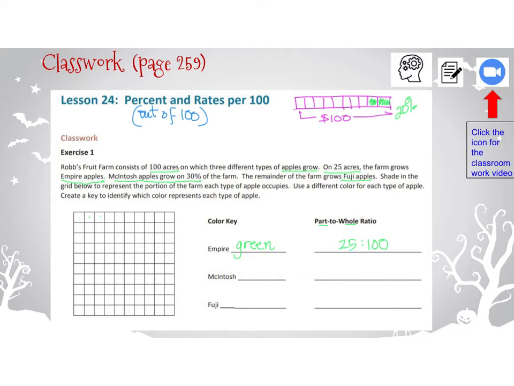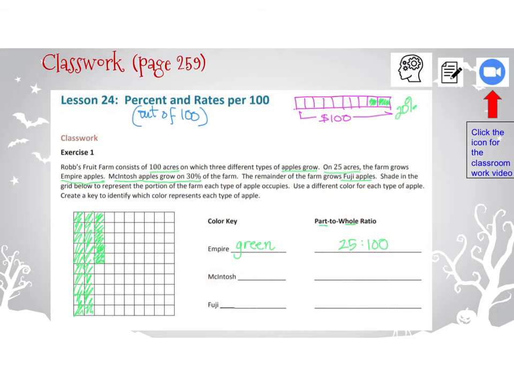So I would shade in. This is not a nice job of shading, but that is 10, and then here's 20, right? And then they said 5: 1, 2, 3, 4, 5, and then I would stop.